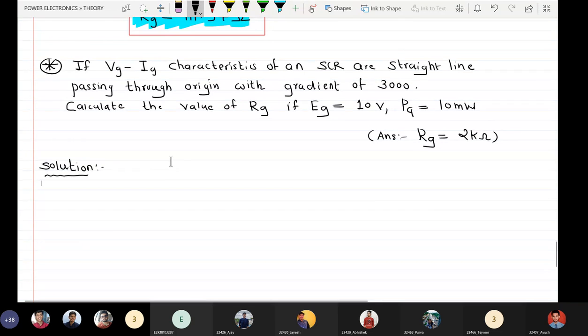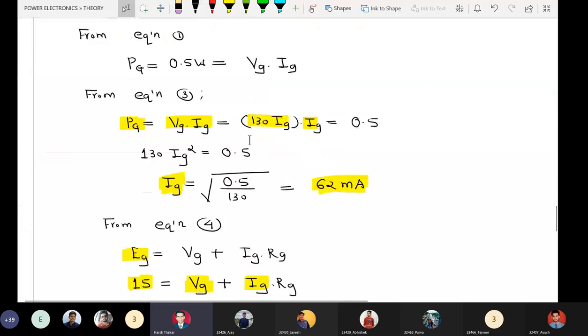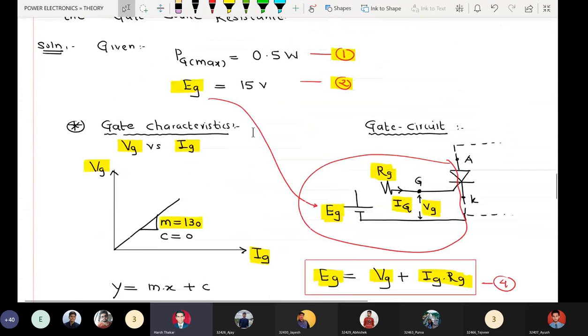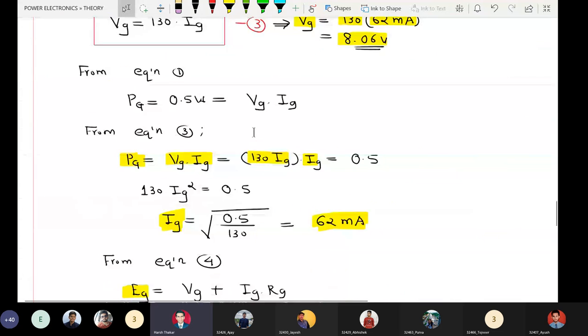So I'll not be drawing the gate characteristics and the gate circuit, but we will simply incorporate all these equations 1, 2, 3, 4.